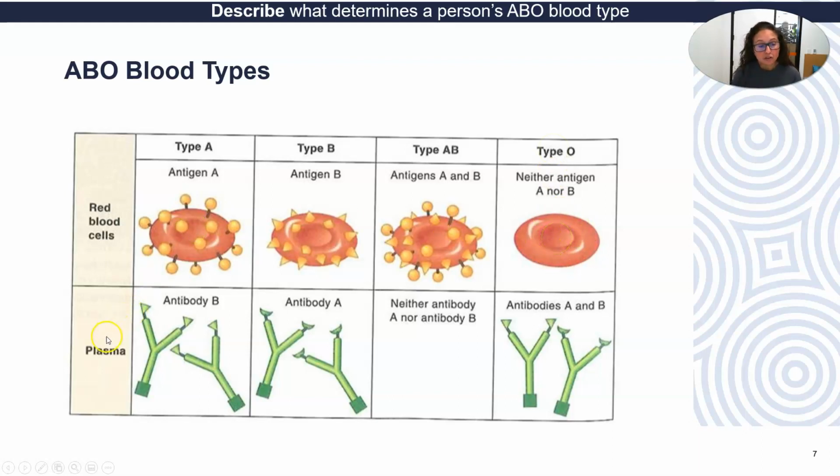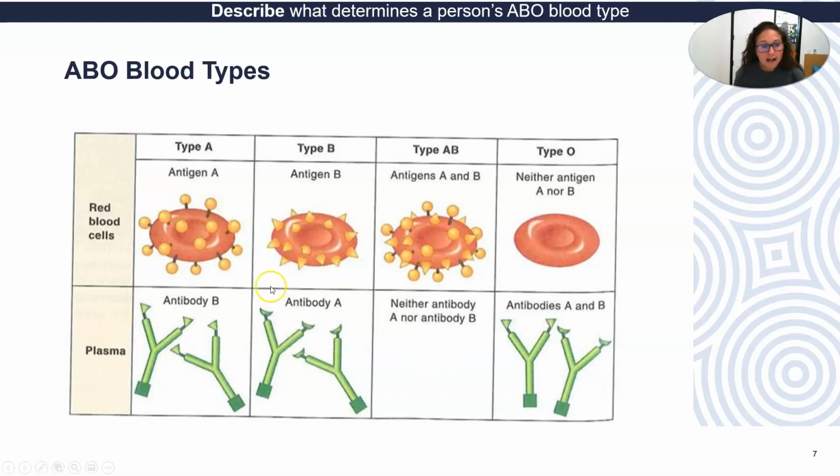But now we need to look at what is floating around in your plasma. If you are a person that has type AB blood, in your plasma there are no antibodies for A and B. That's just due to genetics. Your genes determine your blood type.